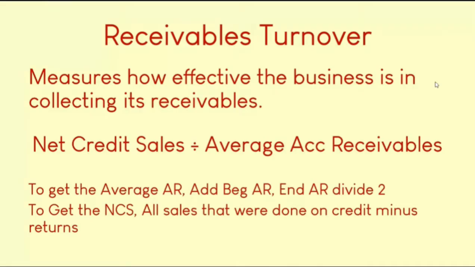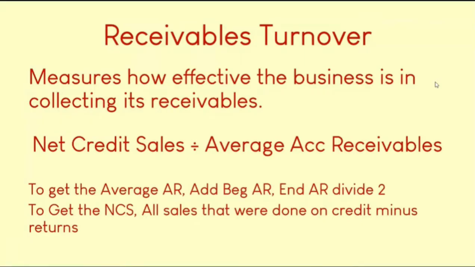So we need the accounts here, the net credit sales. Please take note that we need the net credit sales. We cannot include cash sales. And if the credit sales returns and allowances and credit sales discount are available, we need to deduct them to get the net credit sales.